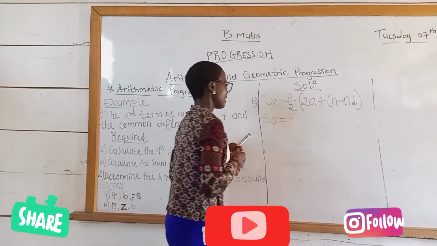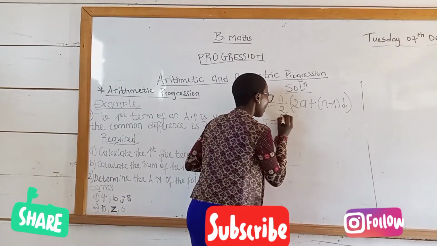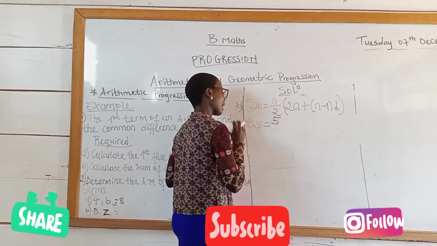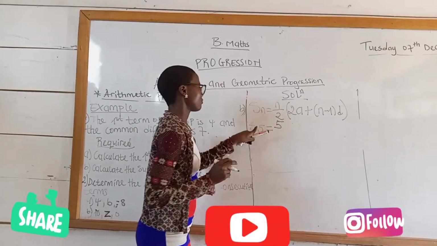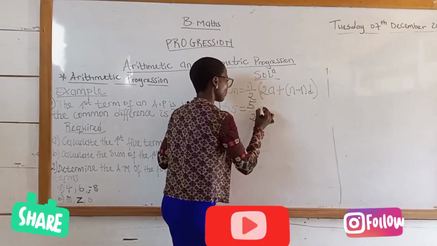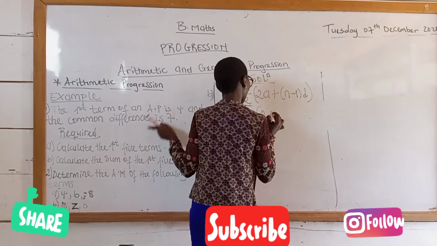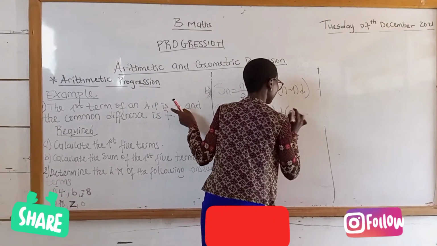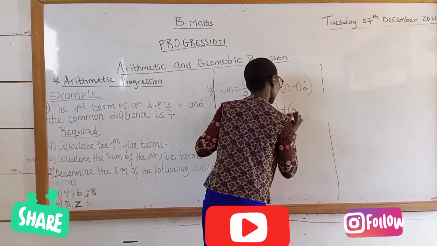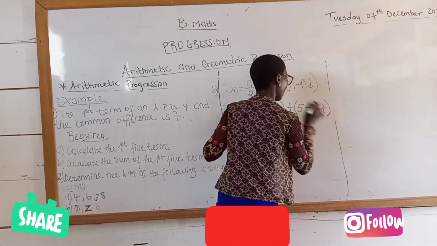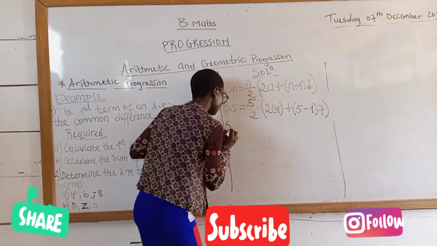If they say calculate the first two terms, you use the 2. Since they say calculate the first 5 terms, you use the 5. Bracket 2 times our A, which is 4, plus n, which is 5, minus 1, times the common difference 7.